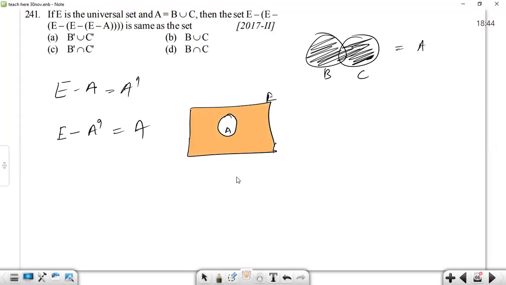If we subtract the A complement from the universal set, what is left? A. Yeah, A only. A is only left.